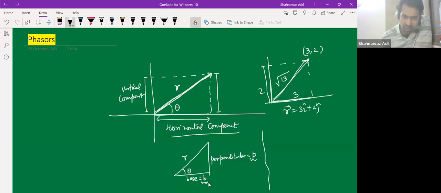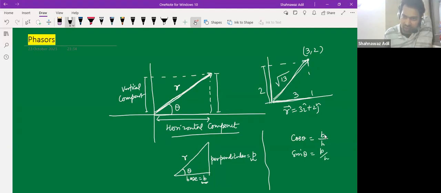What trigonometric ratio relates base and hypotenuse? What is b by h? Cos theta is b by h, sin theta is p by h.